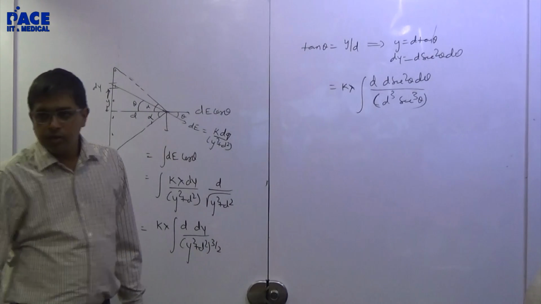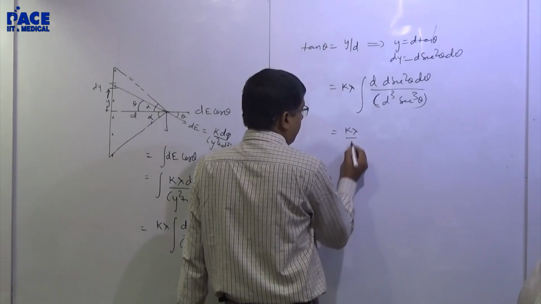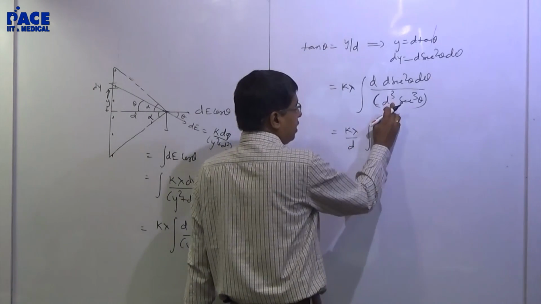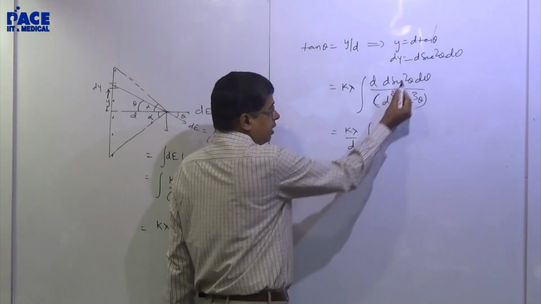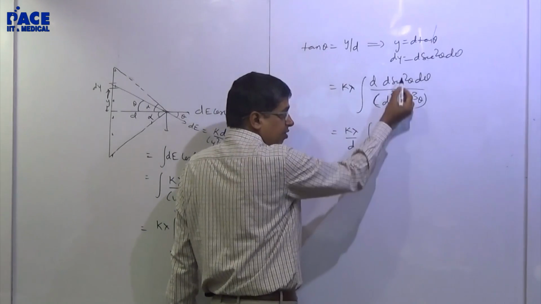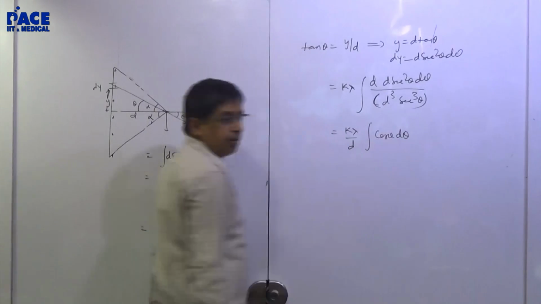This is k lambda by d integral, numerator d square, denominator d cube. Right? Secant square theta by secant cube theta will be 1 by secant theta. That will become cos theta d theta.